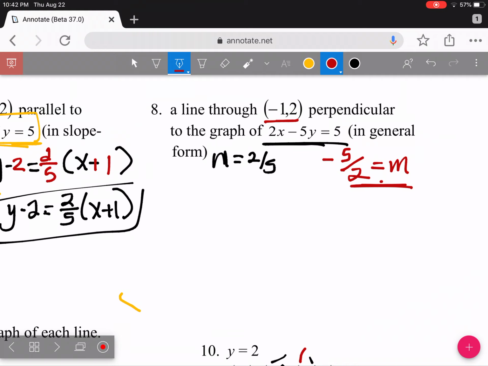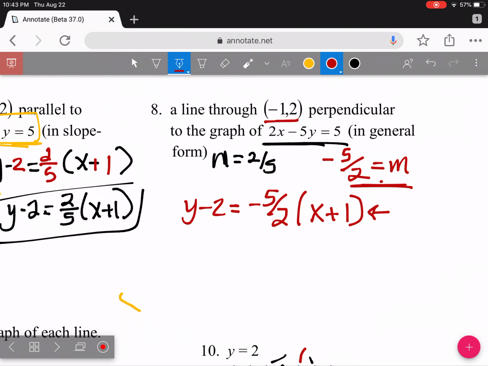Now, it does tell us that once it's in general form, which is also known as standard form, you probably called it standard form too. So we're going to write this equation, y minus y1, which is 2, equals our slope, which is negative 5/2, times x minus x1. So this is in point-slope form. Now we just need to switch it into standard form.